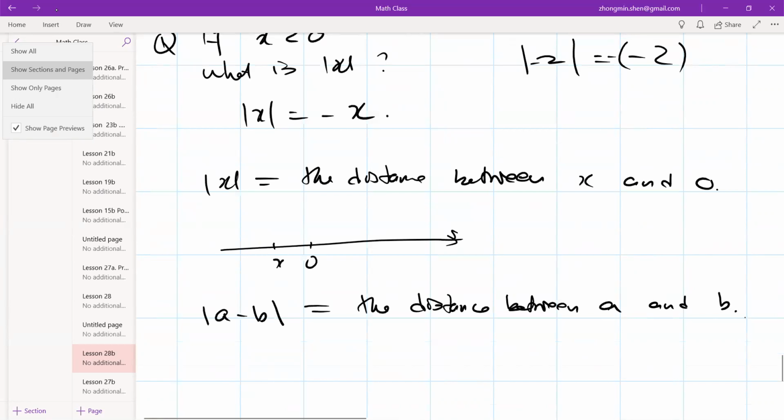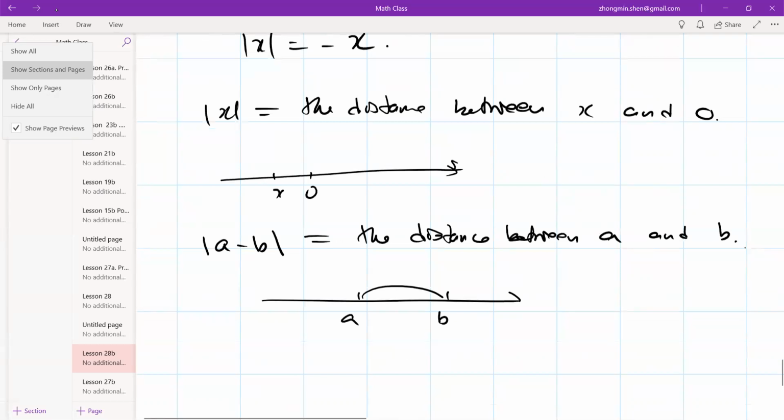It doesn't matter which of a or b is on the left or right hand side, because when you take the absolute value symbol, you get rid of the negative sign. So the picture here is here's a, here's b. So that is the distance. a minus b actually in this case is negative, but the absolute value is going to be positive.